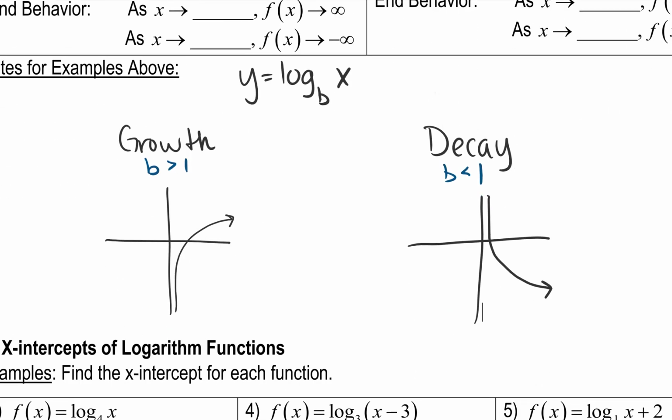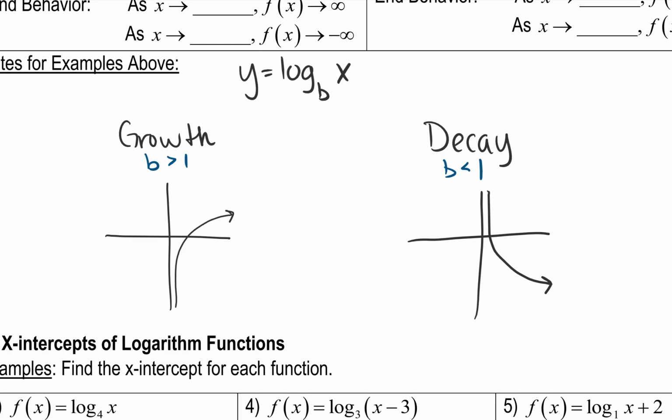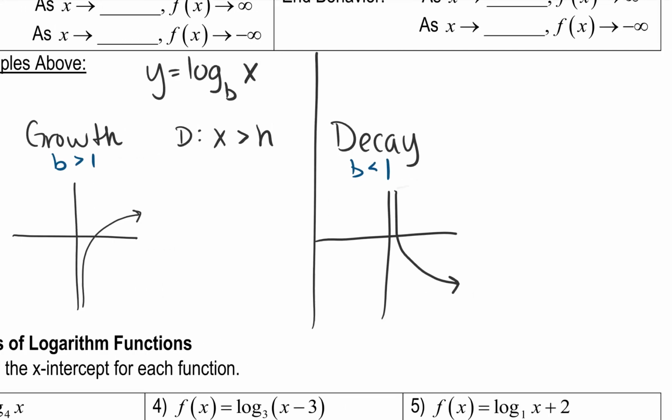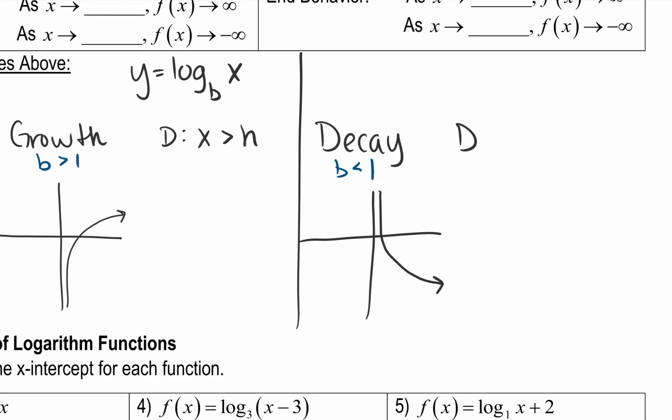Then we have domain and range. Maybe I should have spaced this out a little bit, that's okay. So, I have domain for a growth function is x is greater than h, and domain for a decay function is, ironically, also x is greater than h.